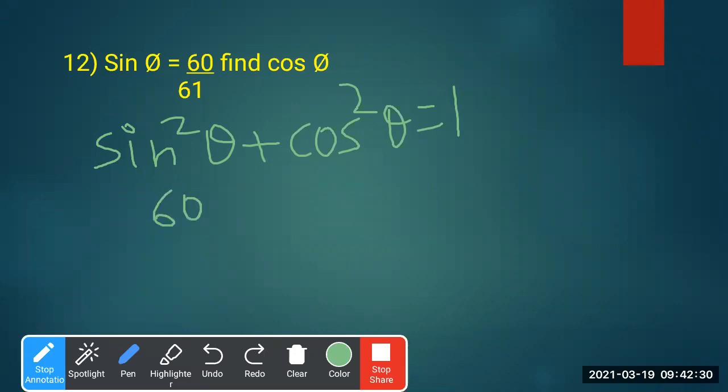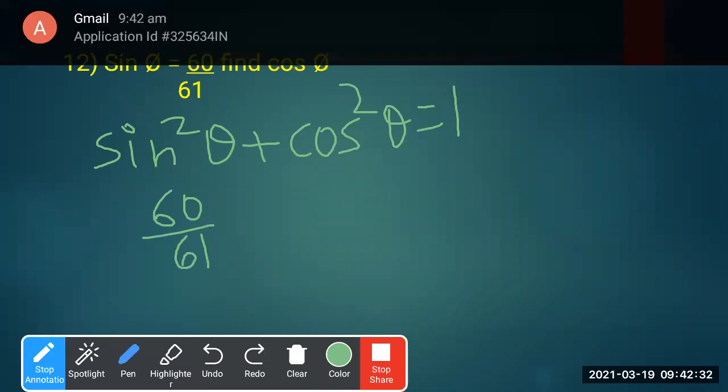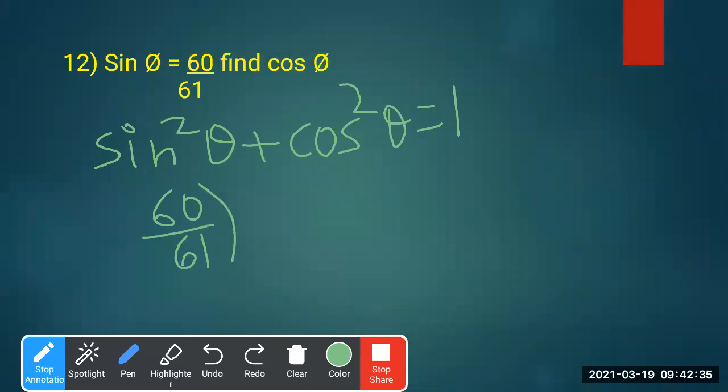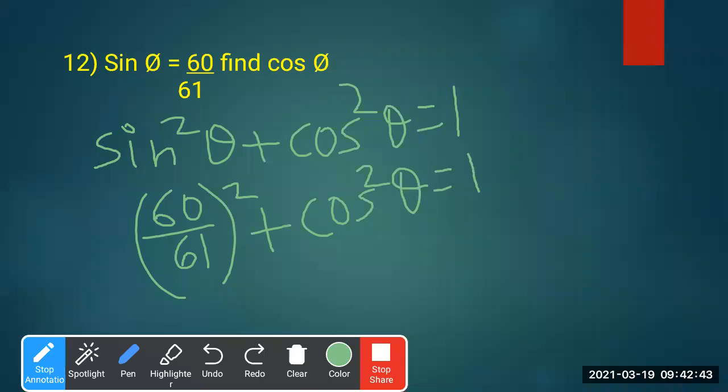So 60 upon 61, the whole square, plus cos square theta is equal to 1. So we have to find out the value of the cos theta. So cos square theta, I'll keep it on the left hand side.